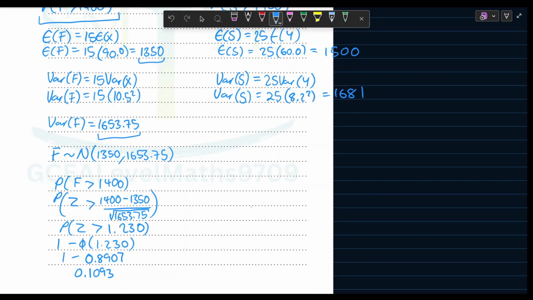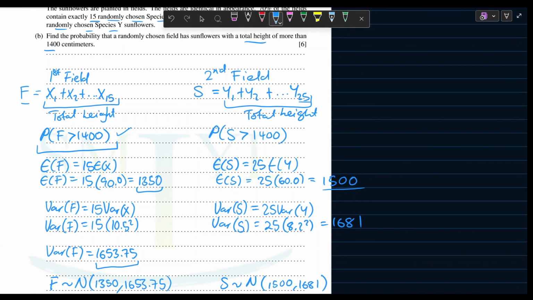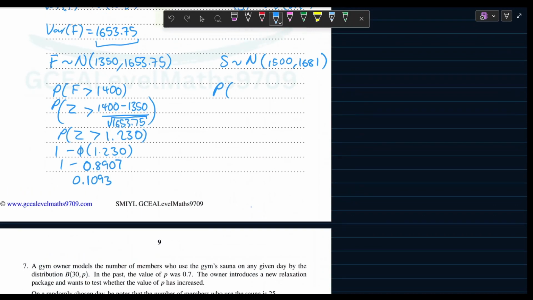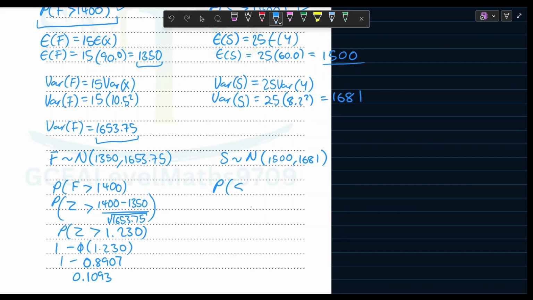Now that we have the expectation and the variance for S, we can define its normal distribution, having a mean of 1500 and a variance of 1681. And we are looking for the probability that S, the total height of our second type of field, is greater than 1400.